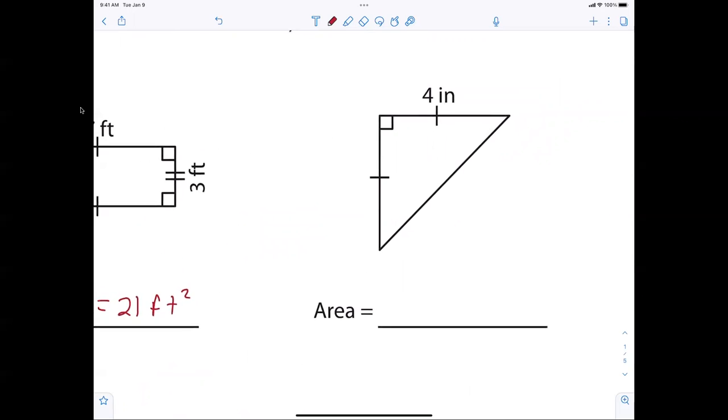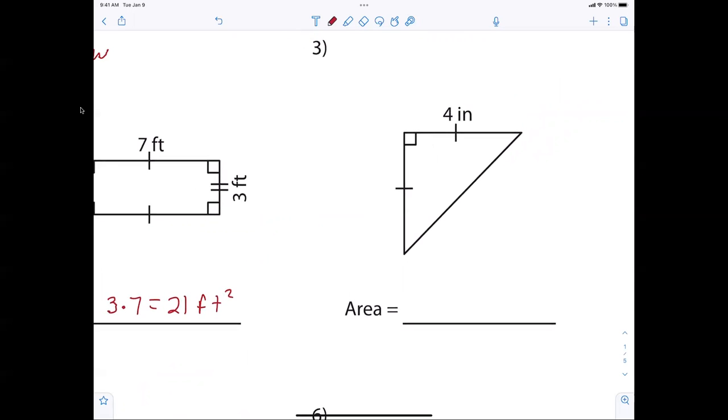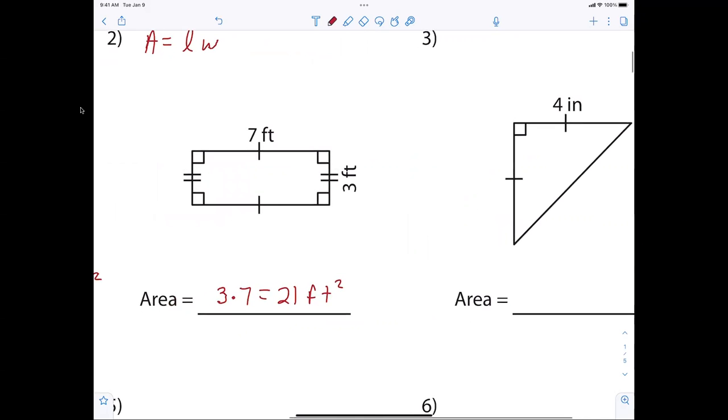Now, to me, I never understood why kids had trouble with area of a triangle. What's the formula for area of a triangle? I just realized that a triangle is just half of a rectangle.